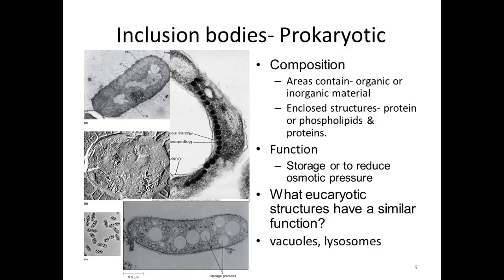So different vacuoles store different things, but what's the key difference here between vacuoles and lysosomes as opposed to inclusion bodies? They're membrane-bound. And lysosomes are a special type of membrane-bound vesicle. They contain what inside of them? Acid and digestive enzymes. And this is why we keep them encased in a membrane, because we don't want them running willy-nilly through our cell and destroying anything they get their hands on.